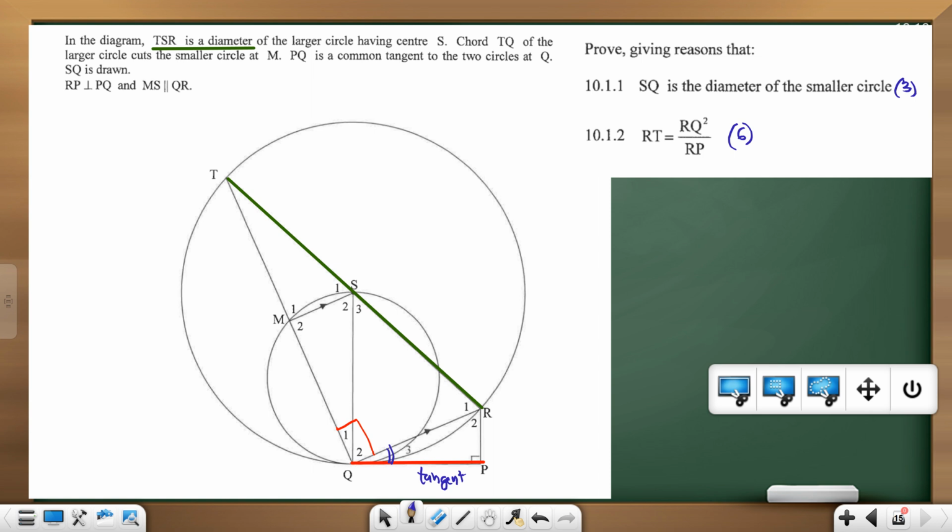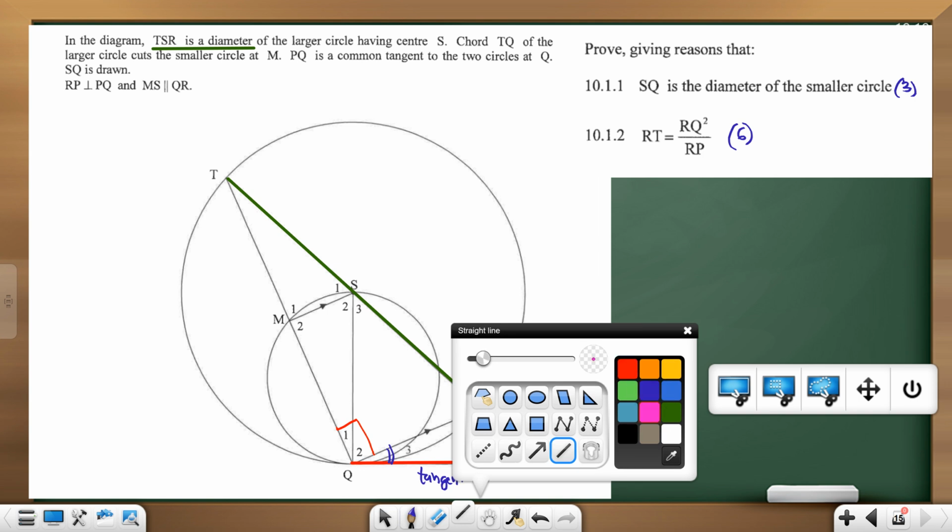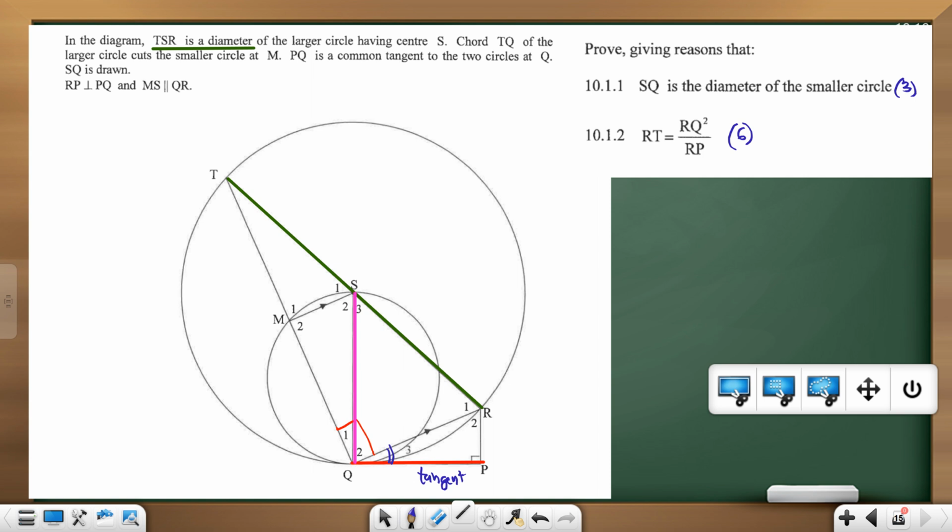Prove, giving reasons. Where is SQ? Why is SQ the diameter? Come, 3 marks. Use the if statement. Anybody? I'm going to ask you to use the if statement. If SQ is the diameter, then what?